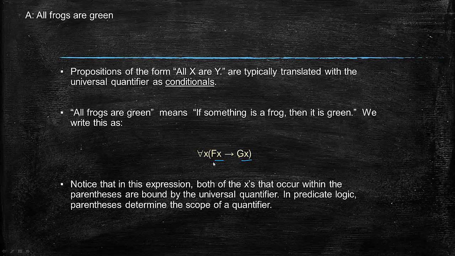We use the parentheses to determine the scope of the quantifier. Both variables are within the scope of this quantifier because the quantifier is directly outside the parentheses in which they occur.